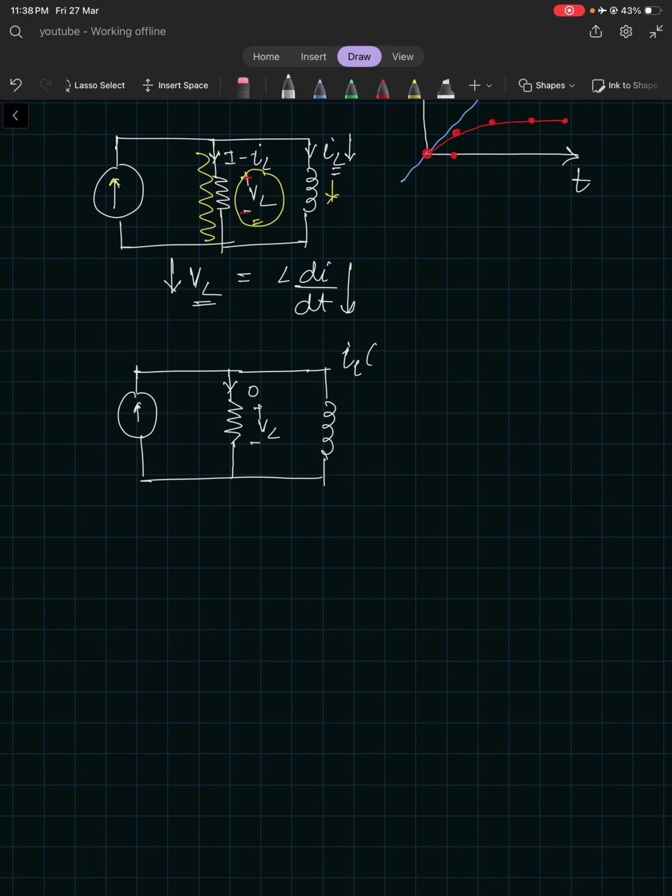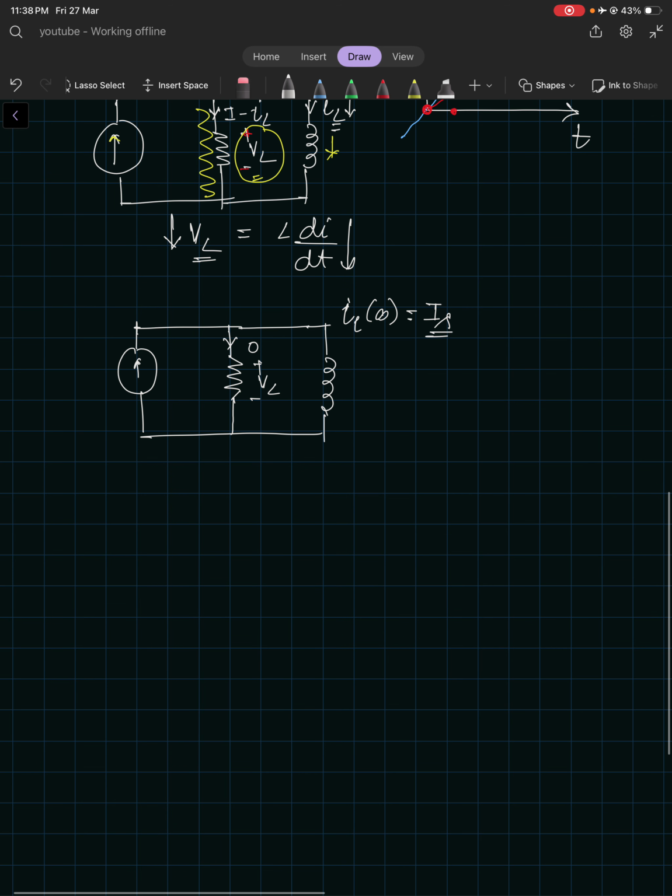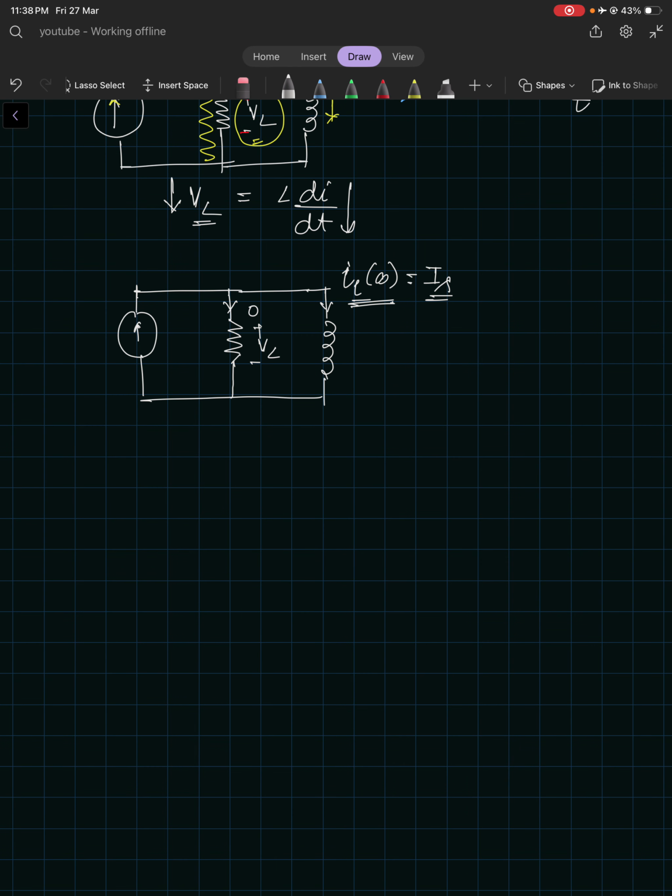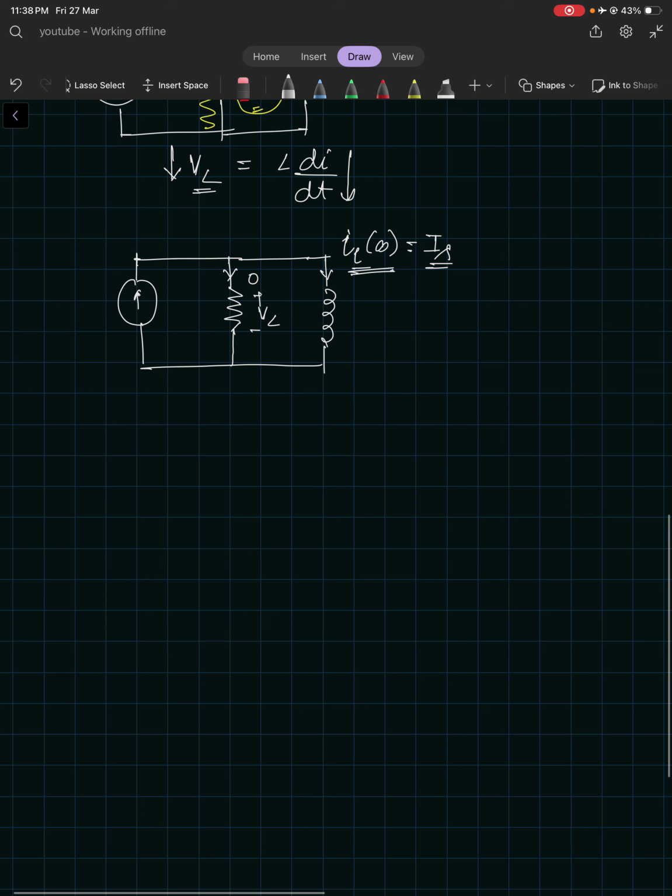IL at infinite time will go to I of S. And if this current becomes constant, it means di by dt, the rate at which the current is increasing, will be 0, right? The derivative of a constant is 0, and again 0 voltage is appearing across this. This is how the equilibrium will be reached, and this is how the RL circuit works, right?